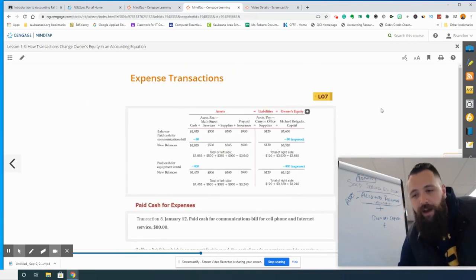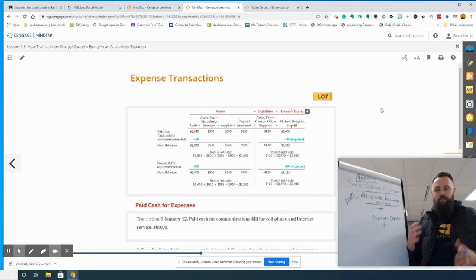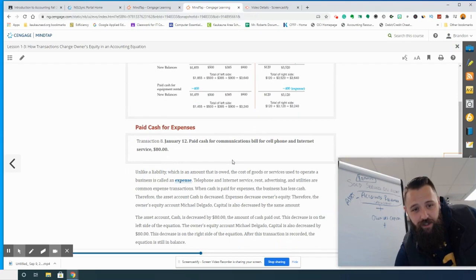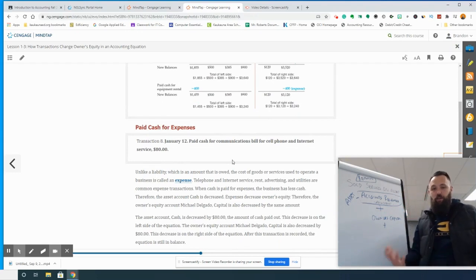If we move on, now we get into expenses. And expenses is just a little bit more common sense, right? Because a lot of times we're paying cash for expenses. So here it says paid cash for a communication bill for cell phone and internet service. Sometimes it's going to say paid cash for a utility bill or anything else.